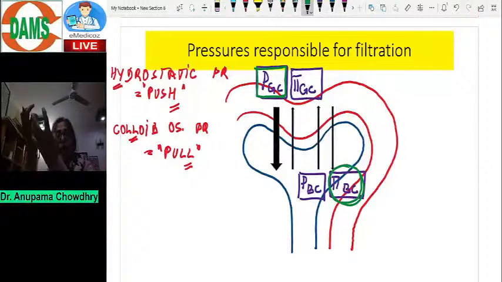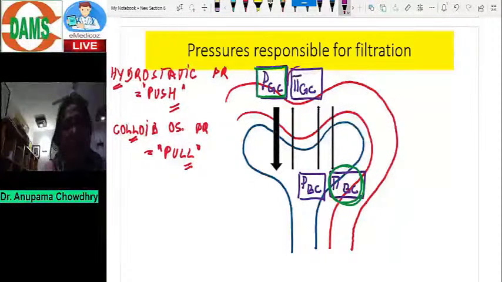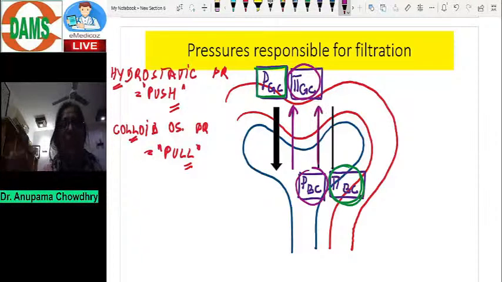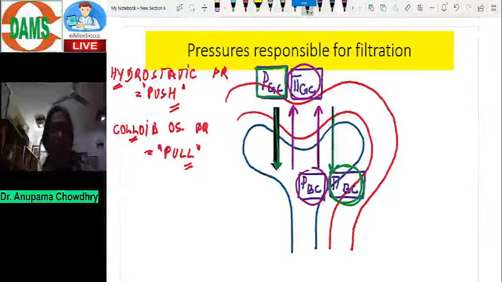This is also trying to pull the fluid into the Bowman space. But what is opposing the filtration are 2 forces, pi GC and PBC, because look at the direction of these arrows. This is from the Bowman space into the capillary. The 2 forces which are favoring filtration, PGC and pi BC. The 2 forces which are opposing filtration. Appreciate the direction of the arrows.